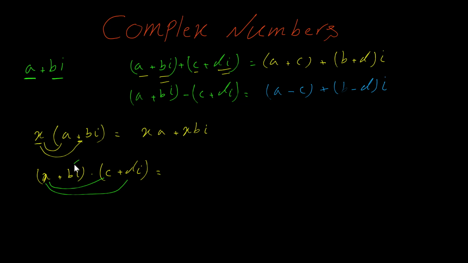Same thing with b. So we basically expand them and multiply them. So it's going to be ac plus adi plus cbi plus bi multiplied by di.